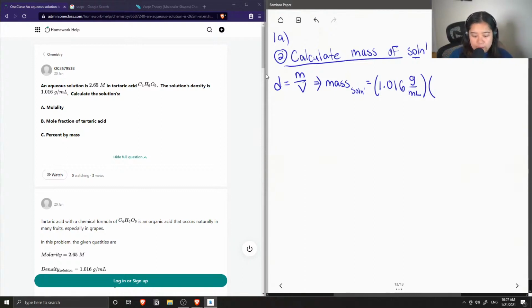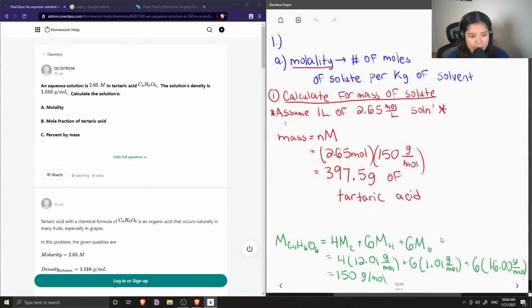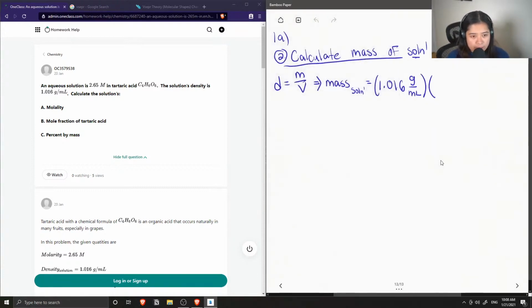So again, we wanted to assume that we have 1 liter of solution. So 1 liter converted to milliliters is 1,000 milliliters. And that's just to cancel out our milliliters. And we have 1,016 grams of solution.